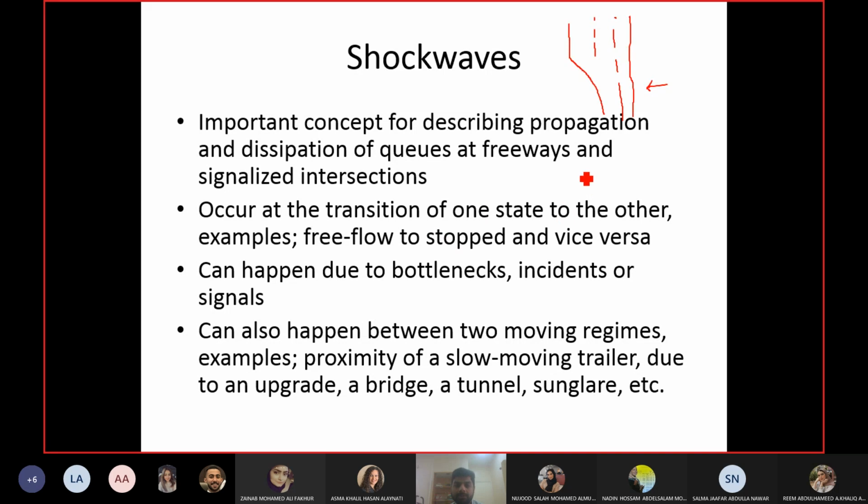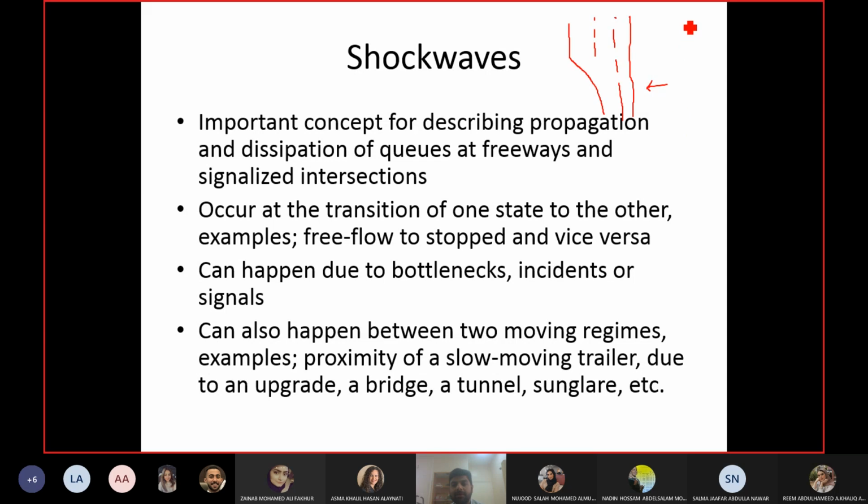Okay, so this bottleneck can create a transition, because it will have low capacity, so there's a chance that you are in a better flow condition, and then you are going to a flow quality that is lower than the previous segment. So it is very common. Or it can happen because there is an incident.